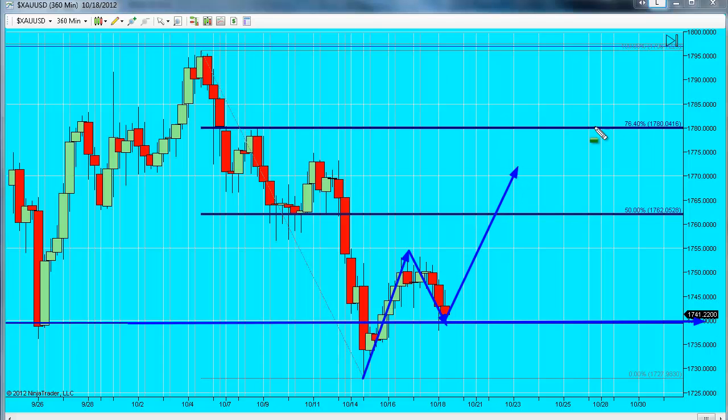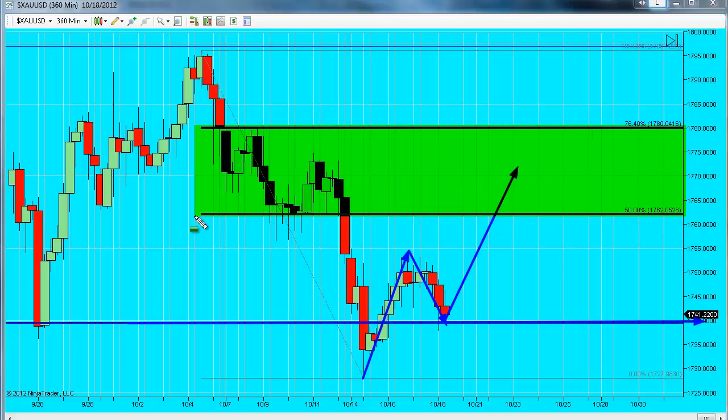And once again, in terms of a target itself, we have defined our basic area or target itself somewhere between, call it 1760 and 1780. Why?